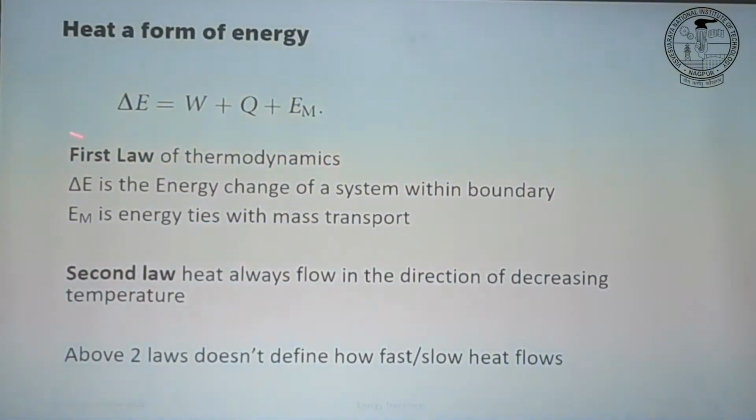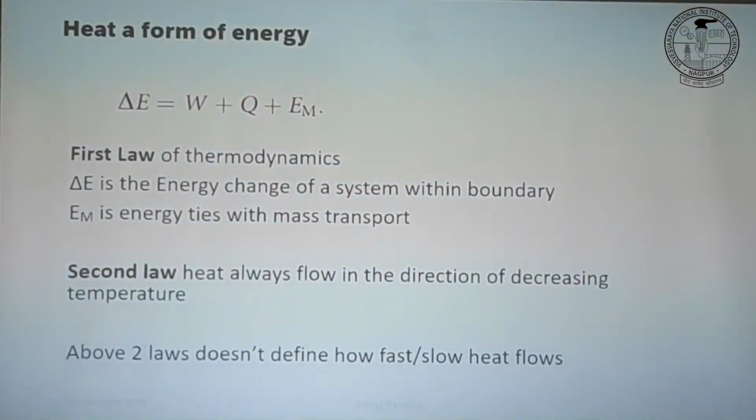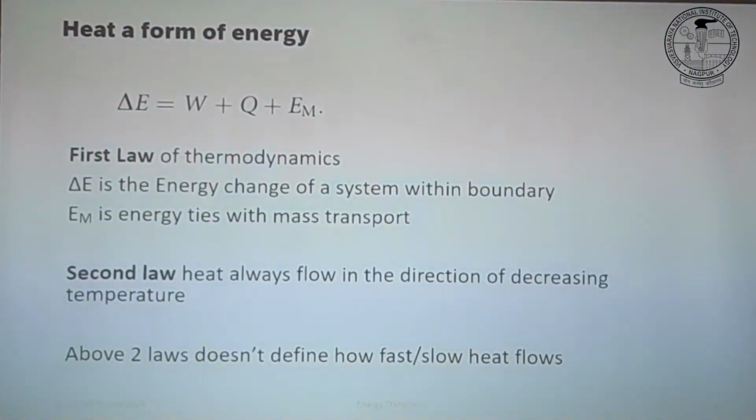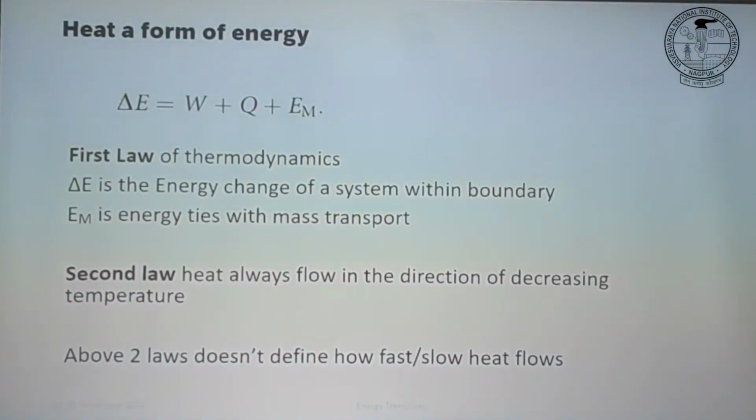That's the first law. It just talks about balance, like Dr. Kanti showed yesterday. Input minus output plus generation minus consumption is accumulation, right? So that's only the balance. That's the first law, right?